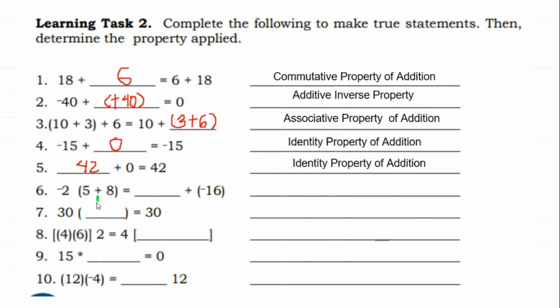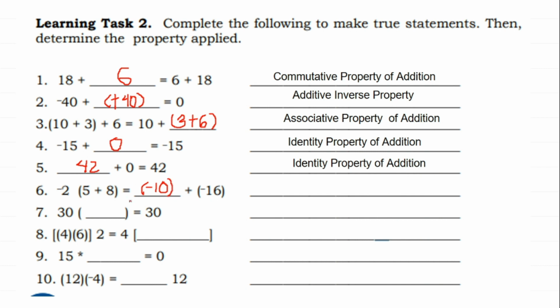Now, if this 13, sabi natin, i-multiply naman natin siya next kay negative 2, that will give us negative 26. Correct? Therefore, dito sa kabila, anong number ang kailangan natin i-add kay negative 16 para makuha natin yung negative 26? At iyon ay negative 10. Diba? Because negative 10 plus negative 16, that will give us negative 26.